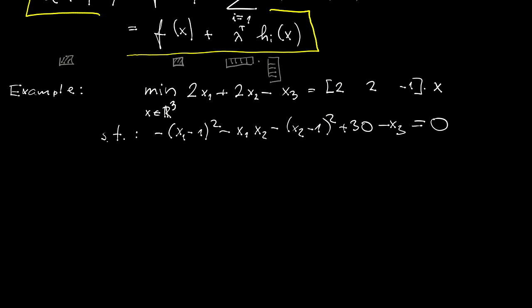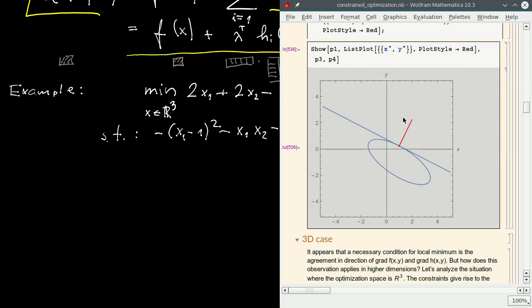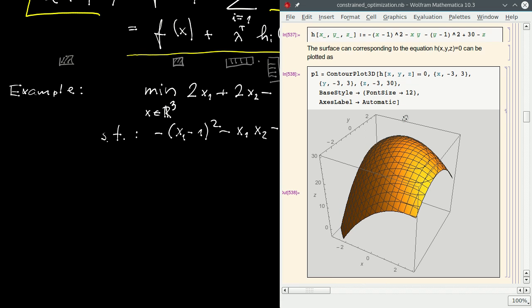Since this is even more difficult to visualize than the previous case, I will again use Mathematica to show you first the set of feasible solutions. It's this particular quadratic surface, and please make sure that you really understand that this is just the set of feasible solutions.